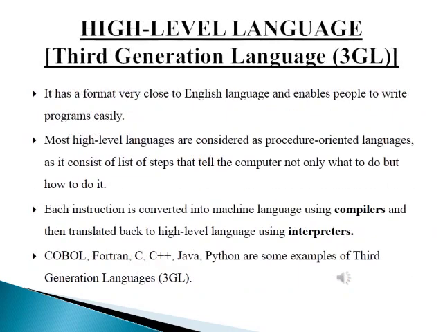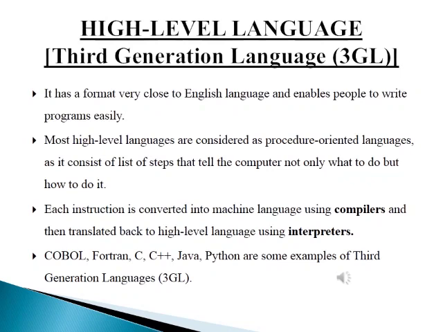The next topic that we'll be reading in our chapter is high-level language, which is also known as the third generation language. This language has a format which is very close to English language and enables people to write programs easily. Most of the high-level languages are considered procedure-oriented languages as they consist of a list of steps which tells the computer not only what to do in the program but also how to do it.